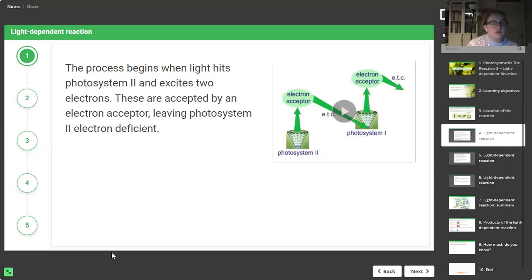These excited electrons gain energy, and as they gain energy, they are accepted by that electron acceptor that is here. When they are accepted by that electron acceptor, they leave photosystem 2 electron deficient. Okay, so let's pause that and talk it through.